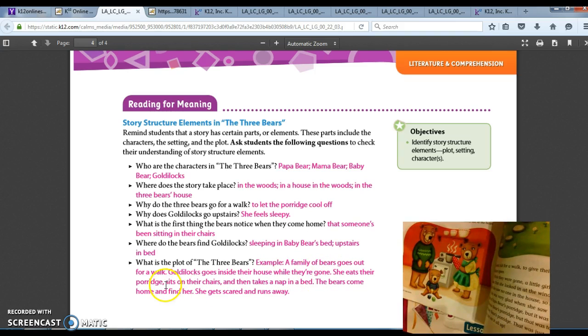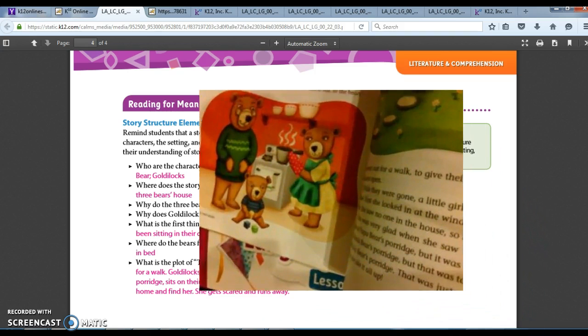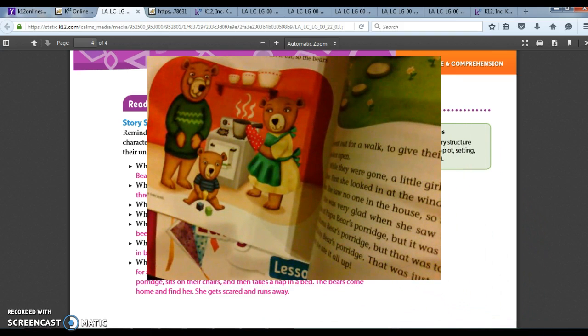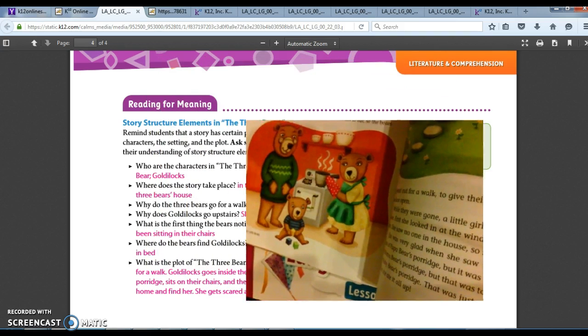She eats their porridge, she sits on their chairs, and then she takes a nap in a bed. The bears come home and find her. She gets scared and runs away. Learning coaches, if your students have problems with answering those questions, you may want to go back to the story again and show them the answers, and once again talk about the characters, the setting, and the plot.